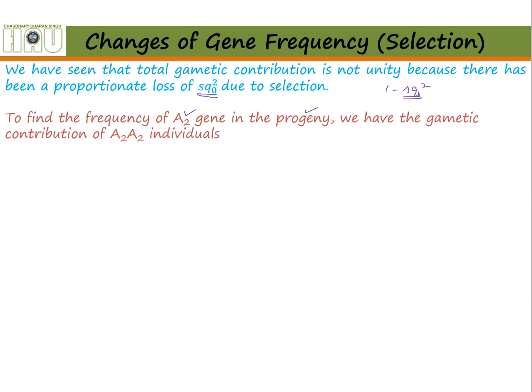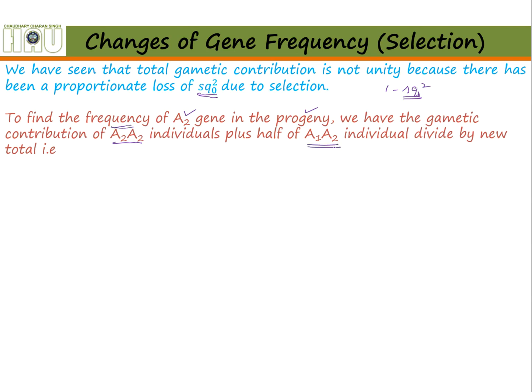Now we want to find the frequency of A2 genes in the progeny in the next generation. We have the gametic contribution of the A2 individual. How will we find the gametic contribution of A2 in the next generation?